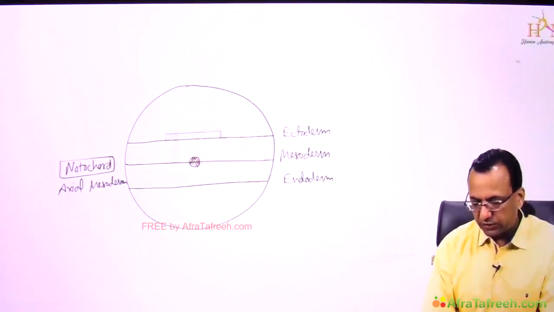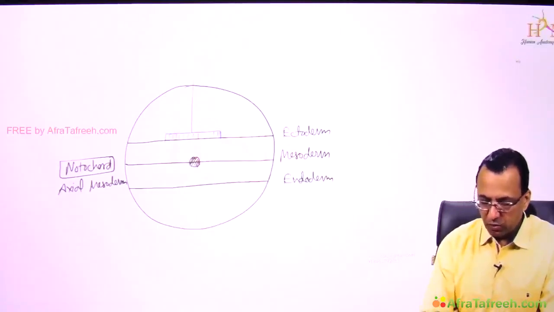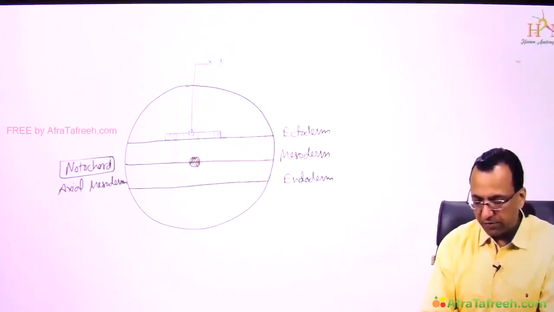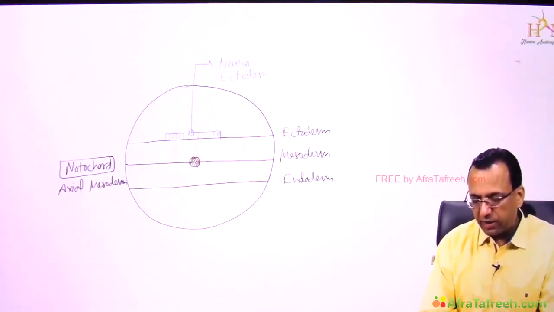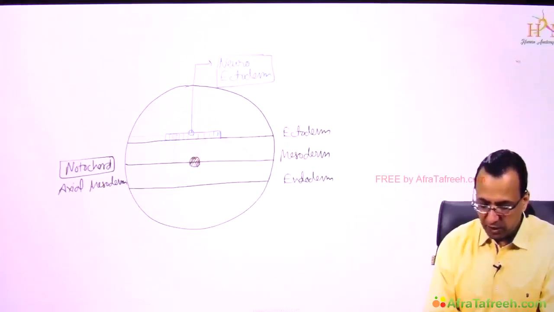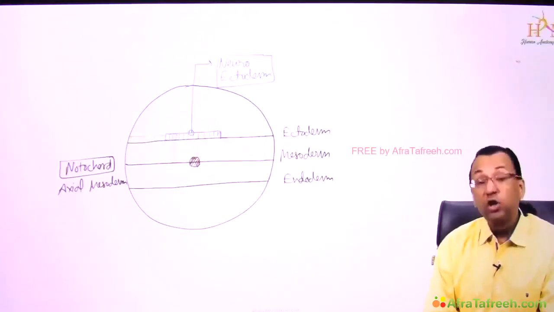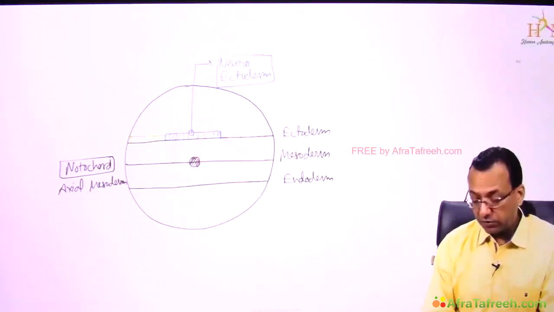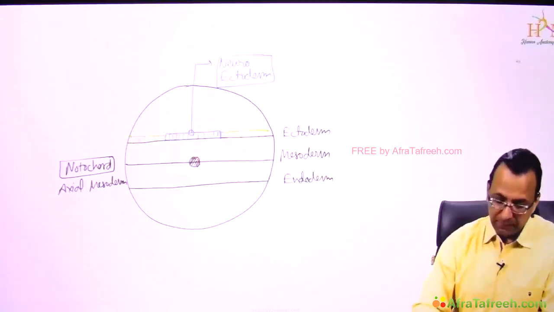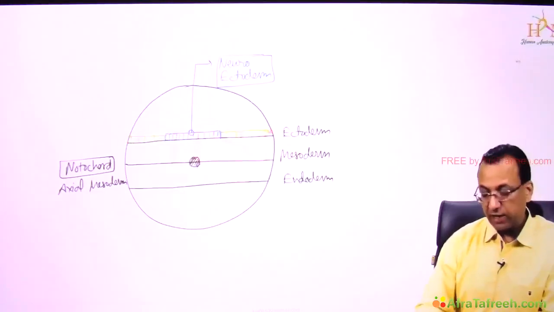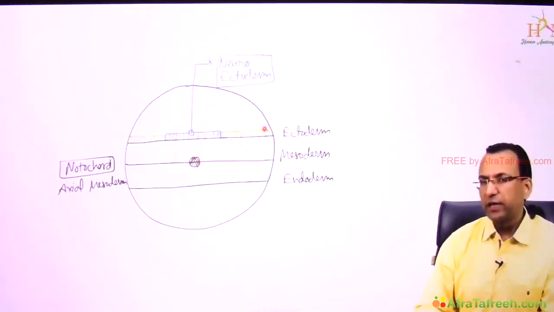Now, if you say this is going to become the neuroectoderm, which is in the central region, then what is developing in the peripheral region? In the peripheral region, actually, we have the surface ectoderm, not only on the right side, but also on the left side. So when you are looking at the periphery, maybe this side or maybe that side, that will be surface ectoderm.